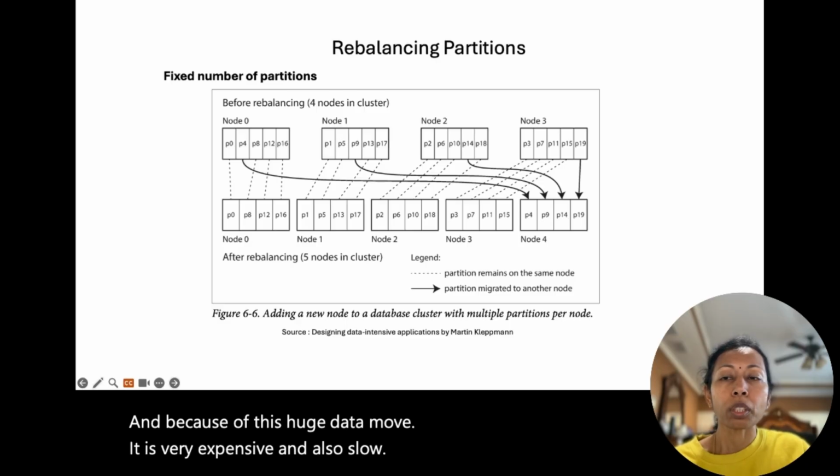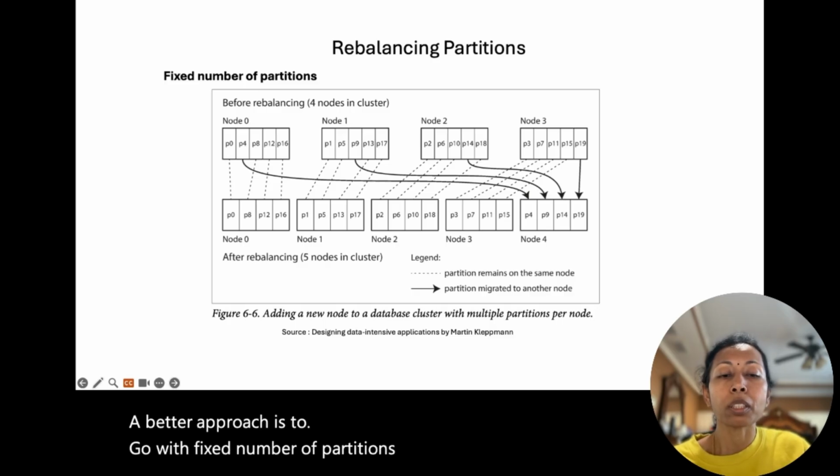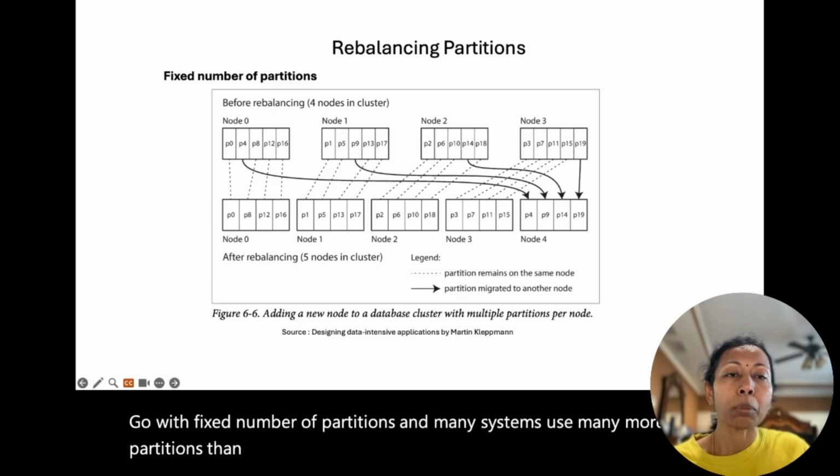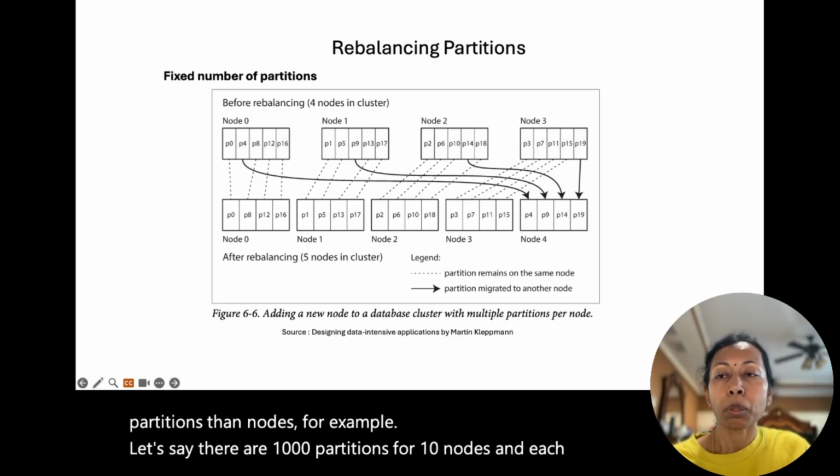A better approach is to go with a fixed number of partitions, and many systems use many more partitions than nodes. For example, let's say there are 1000 partitions for 10 nodes, and each node owns multiple partitions.